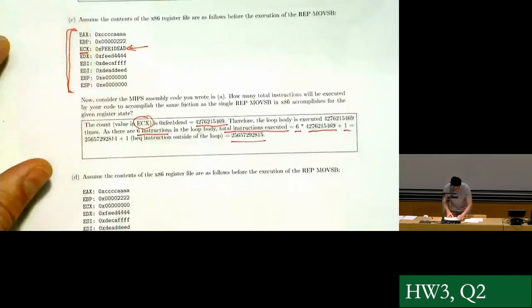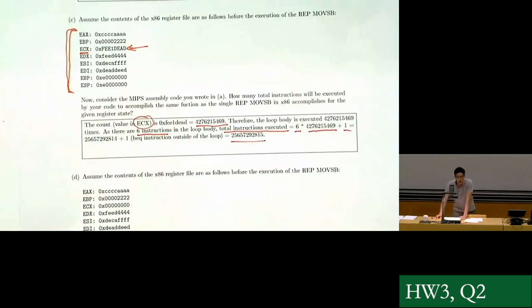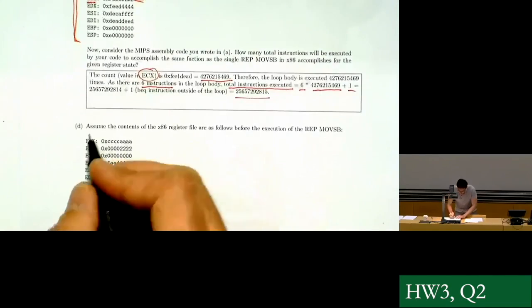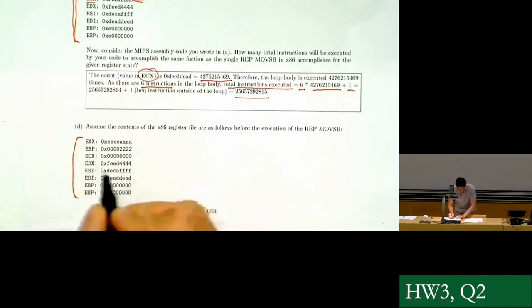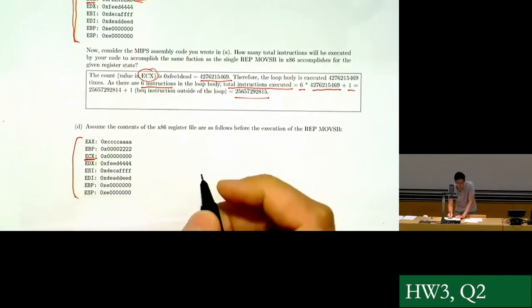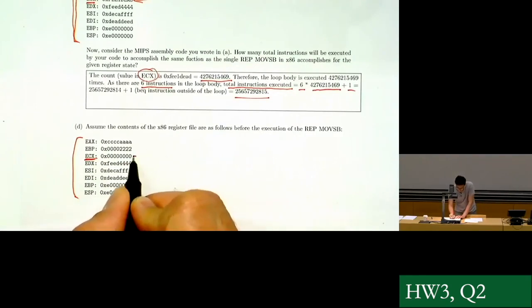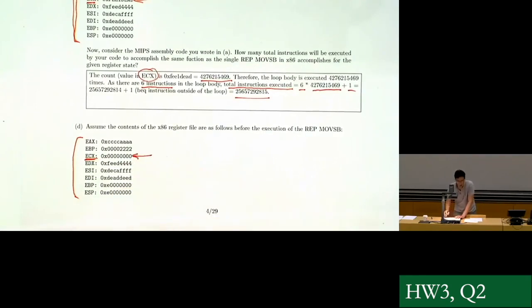The last part, part D, is exactly the same. The question is exactly the same, but the contents of the register file in this case are different. If you observe the value of ECX this time, it is 0. So if it's 0, we are not going to enter the loop.